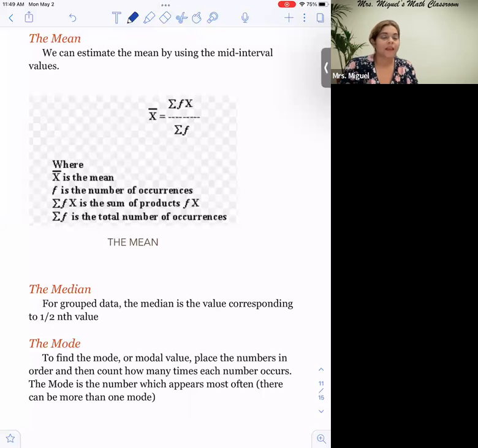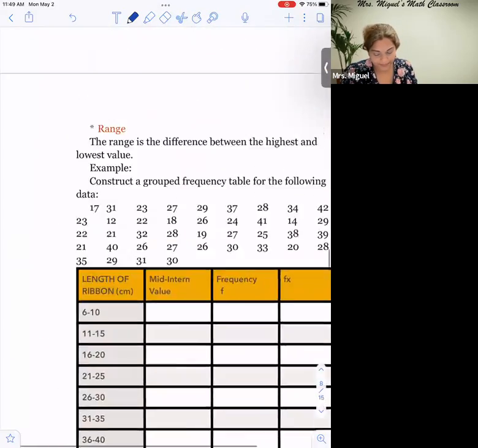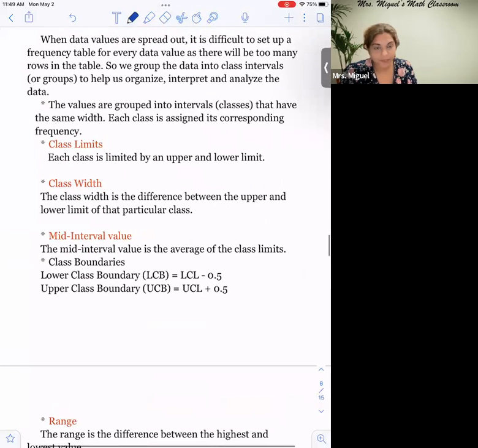So, when we have data and we have to find the mean, mode, and median, we have to expand our table. So this is what we call grouped data, data that is grouped in intervals. And these are the types of questions that CXC likes to bring. So let us start with class width, intervals, and we'll go straight into the mean, mode, and median.